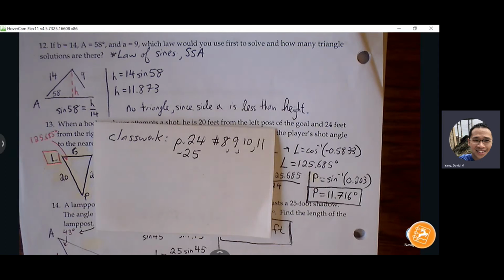If not, at least get through 8 and 9, and then we can finish the rest tomorrow. So go ahead and do that. That way tomorrow we can focus our attention on getting more practice with more problems. So classwork is pages 24 to 25, 8 through 11.